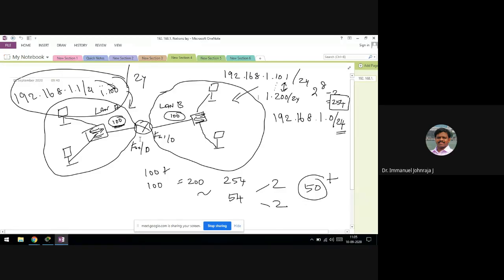I also mentioned that the 100 is the total number of IP addresses needed, which includes the interface of the router. Sometimes the problem could be posed differently: every LAN, probably LAN A and LAN B, requires 100 IP addresses for its machines, or 100 hosts to be connected. In that case, the requirement will become 101. Please remember that statement.